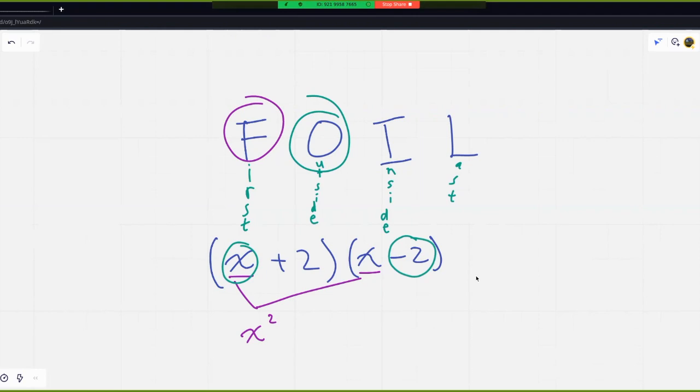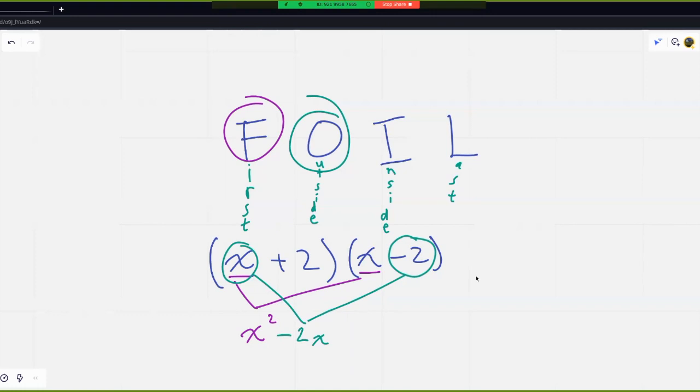So what is -2 times the outside one on this other side, which would be x? -2 times x comes down to be just -2x. Put them together. You can't do anything else because they're not like terms. So let me rewrite this negative sign. Minus.